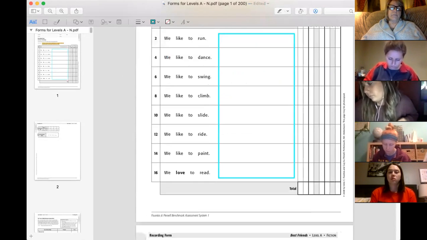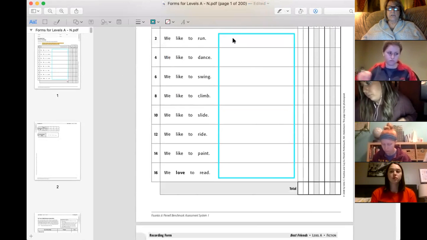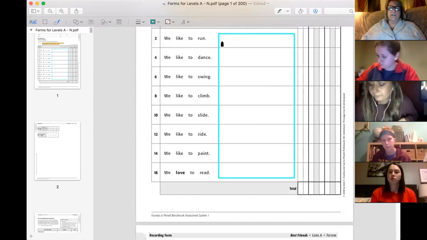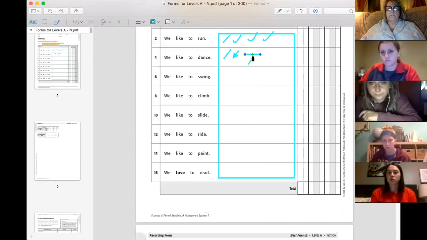Now here's what's great about these forms. So let's say we take this running record and little Sally says, we like to run. We like dancing. So they left out the word to.